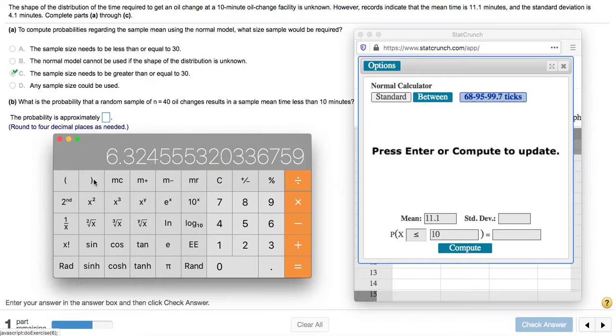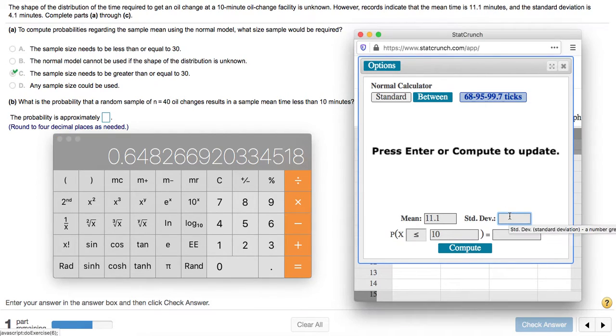So I'll close the parenthesis, saying I'm done with the denominator, and I'm dividing this number into 4.1. And here we get 0.6482, and I'll round this 6 to a 7. That'll be pretty accurate if I go out to 5 decimal places. So that's 0.64827. That should be good enough.